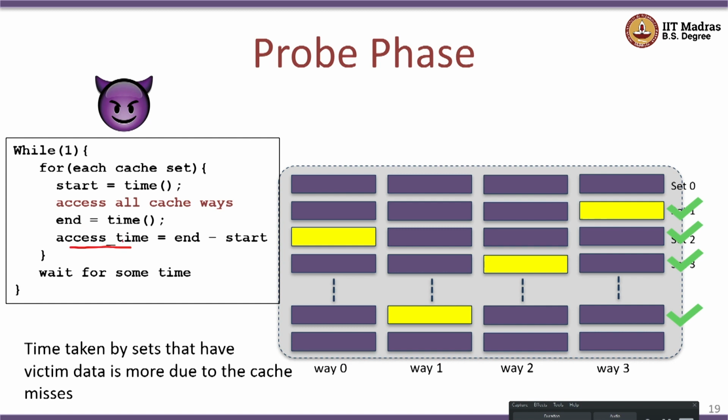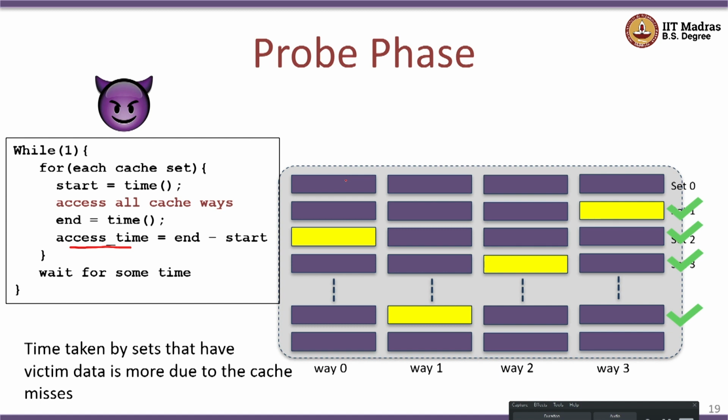Based on the time, it could infer something. For instance, what it would observe is that the time taken to access set 0 would be less than the time taken to access set 1. The reason is that set 0 has cache hits, which can be completed considerably quickly.